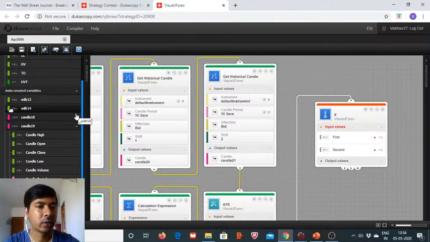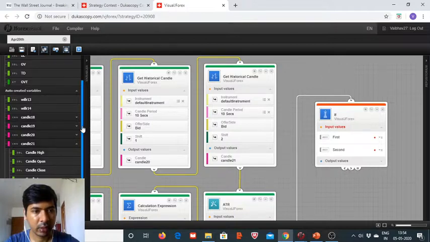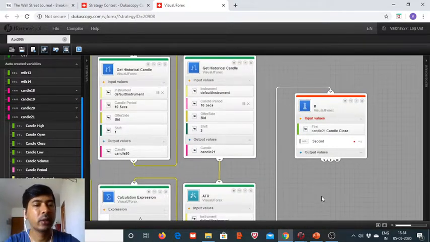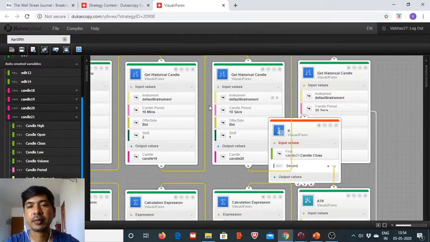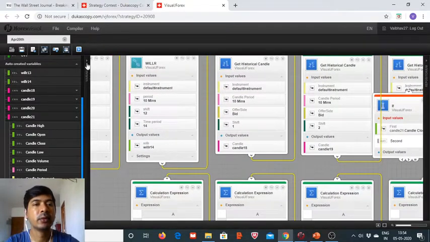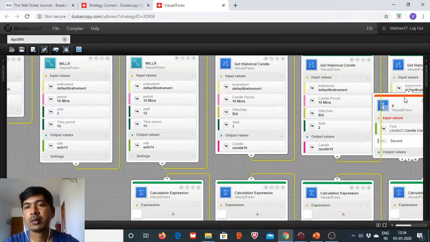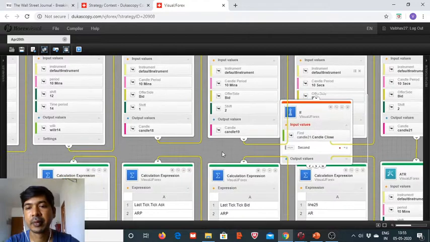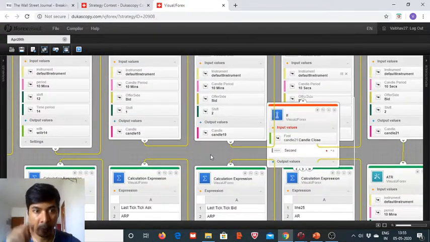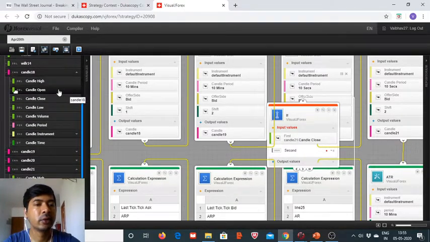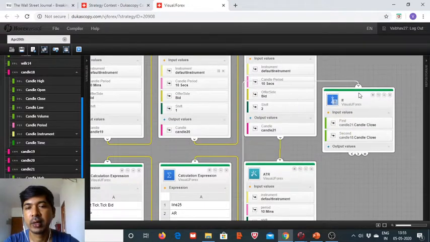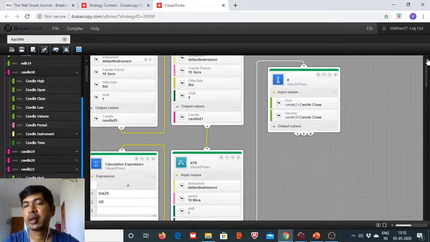Let us take the candle 21's closing level, and then we compare it with that of candle 18's closing level, and it should have been higher, and then the candle 20's closing level should be less than the candle 18's closing level.